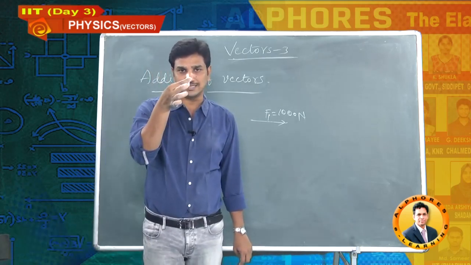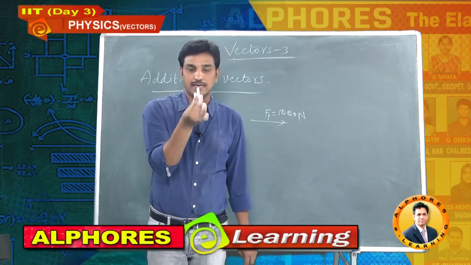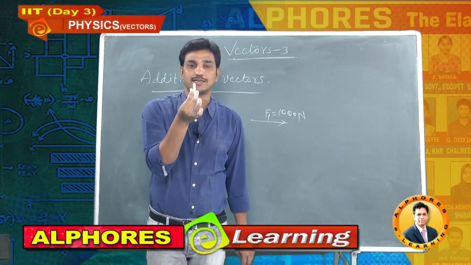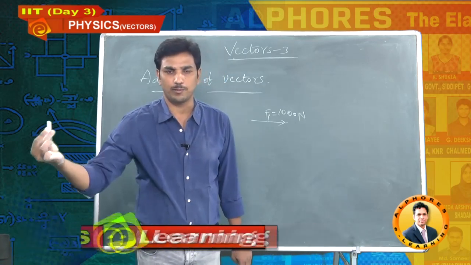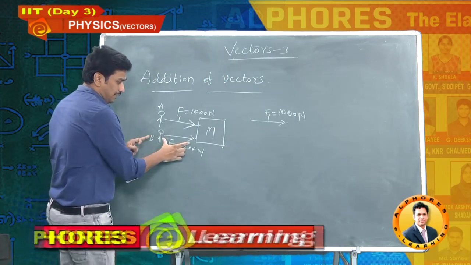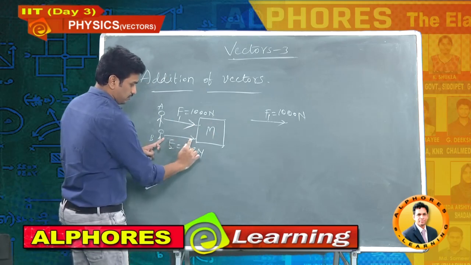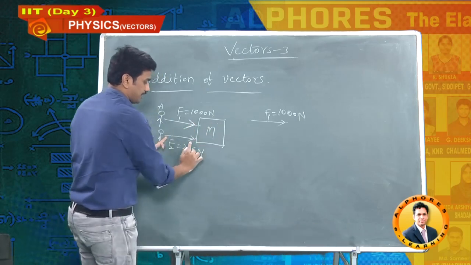Chalk piece, it's the initial. If you change it like this, it's wrong. The same chalk piece without changing length and direction, you place anywhere, no problem. Same thing, F2 I will replace to here. This vector I am bringing here, parallel shifting.